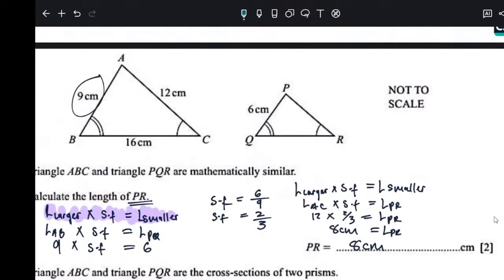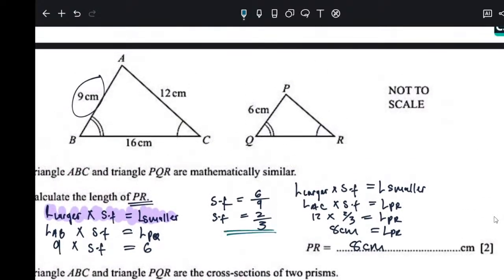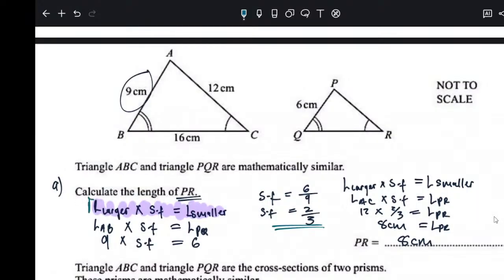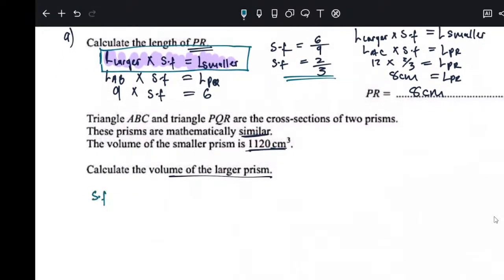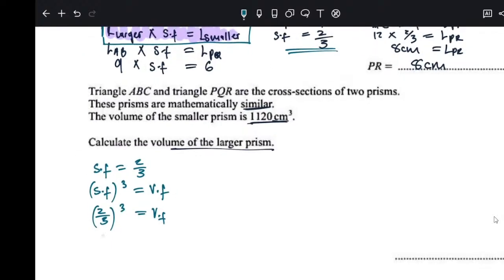Since on here, the scale factor that you found, this 2 over 3, you found it by saying length of larger. So you're not going to change. First of all, change it to volume. You say scale factor is equal to 2 over 3. Scale factor cubed will give me volume factor. So 2 over 3 cubed will give me volume factor. 2 cubed is 8, 3 cubed is 27. This gives you volume factor. Volume factor is 8 over 27.